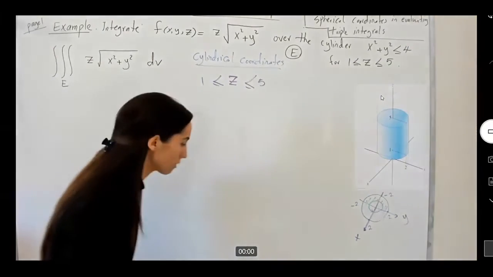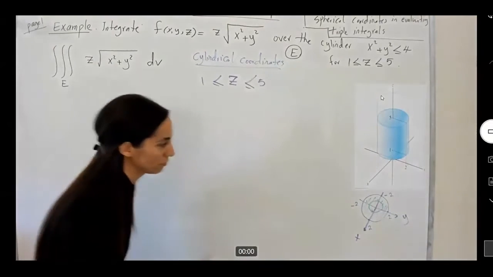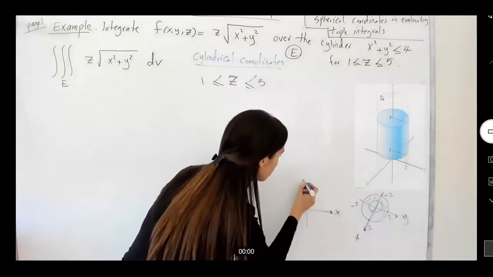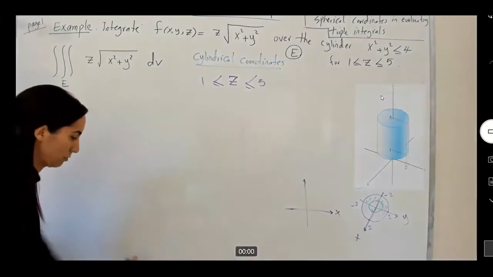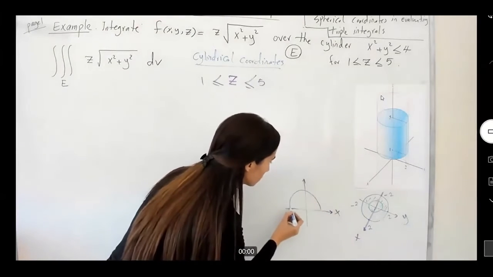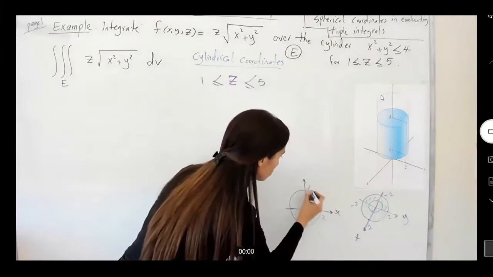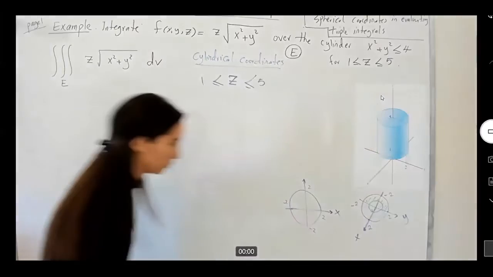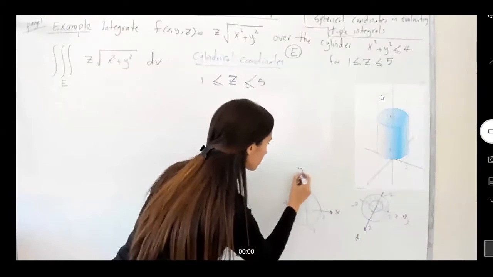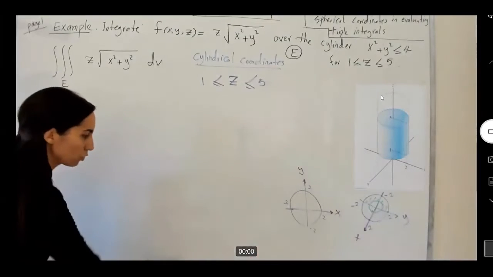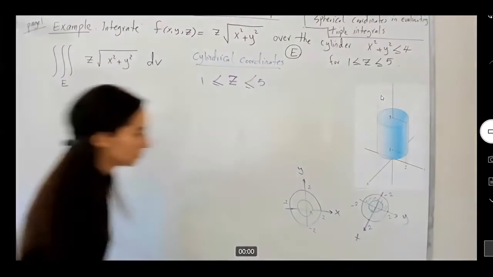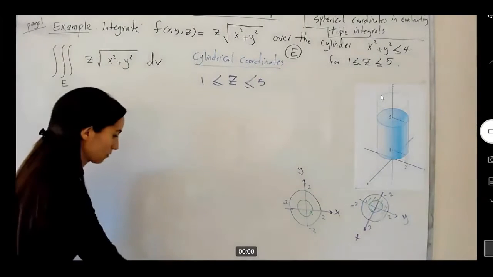So if I just rotate this, you have a better visualization. 2, minus 2, and minus 2. Now this is my y. And my theta ranges between 0 and 2 pi. Perfect.